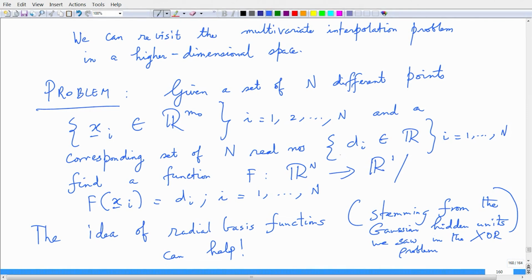We would be interested in finding a function from Rn to R such that capital F acting on this data point xi gives us the scalar d sub i for all these n points. Now as I mentioned, we would like to use these radial basis functions that we have used earlier while solving the XOR problem.